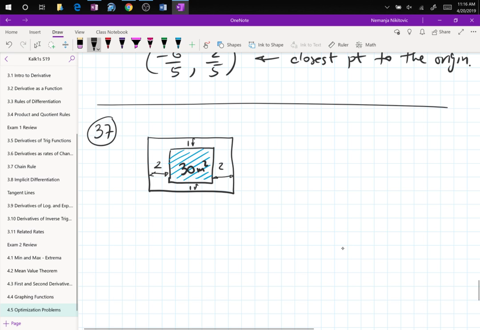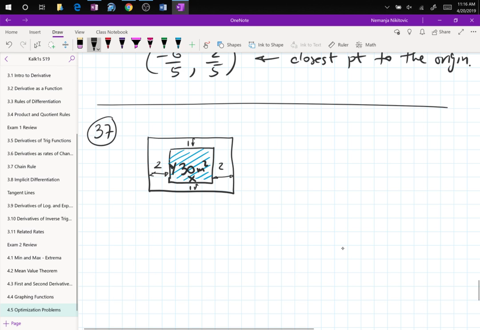Now, let's write some dimensions. The pool inside is going to be x by y, because that's what they're looking for. They're looking for dimensions x and y for the pool, and as soon as you have those, you know immediately what the outer ones are, in such a way that we get a minimum. Great.